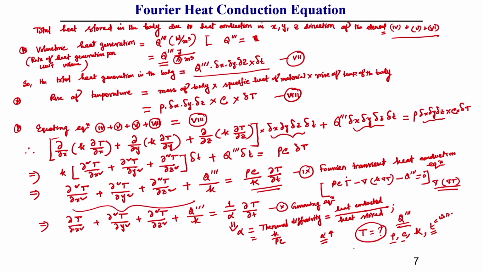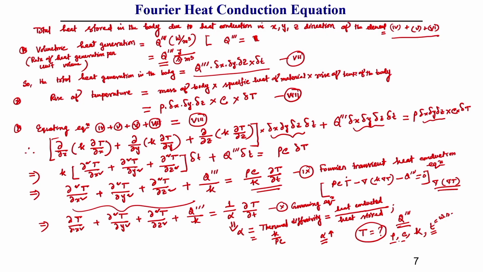To find out the temperature distribution over the plate during welding, first of all, we need to know which material we are welding: its density, specific heat, and thermal conductivity. These can be temperature dependent, or they can be constant properties.